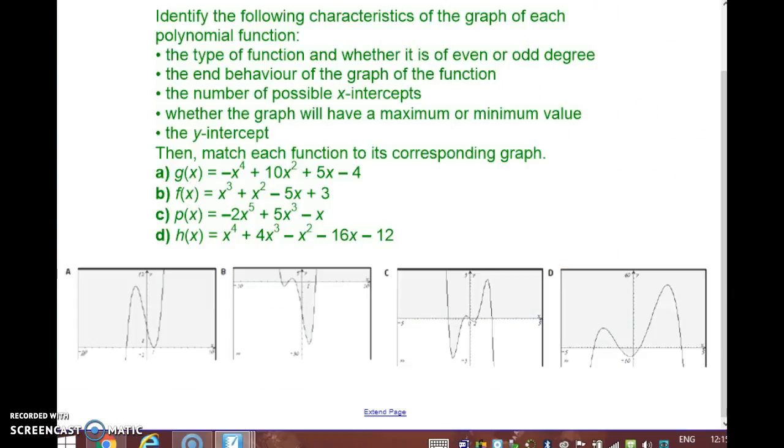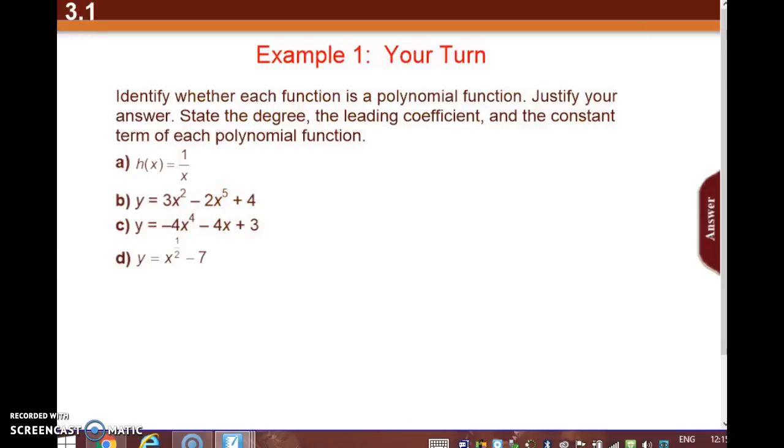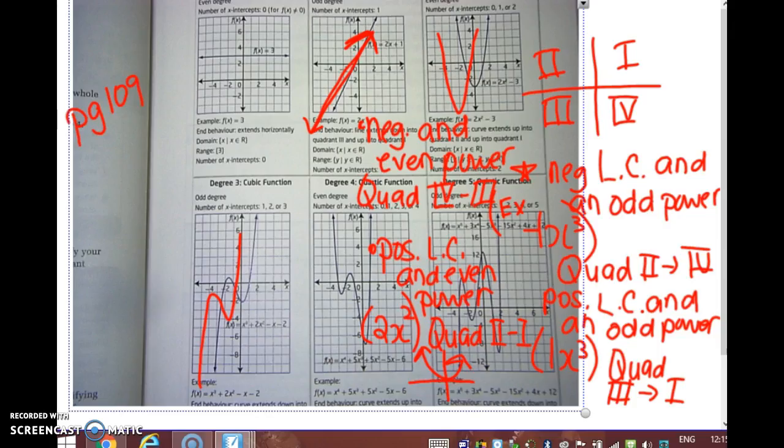Okay, so we use the information we just talked about for example 2 on page 110. We want to know if it's even or odd, which quadrants it's in, the number of possible x-intercepts. When I was talking about how many times it changes direction, if you have a degree of 1, you have a number of possible x-intercepts of 1.